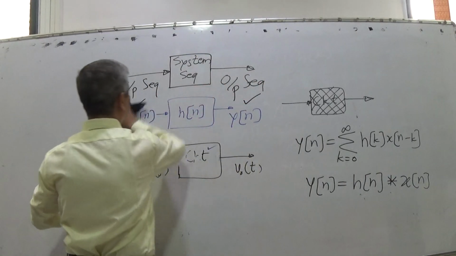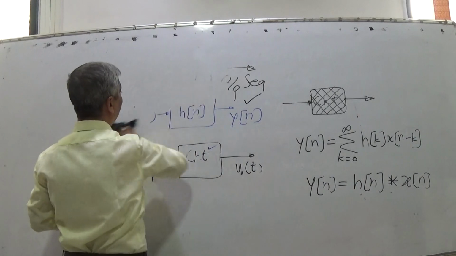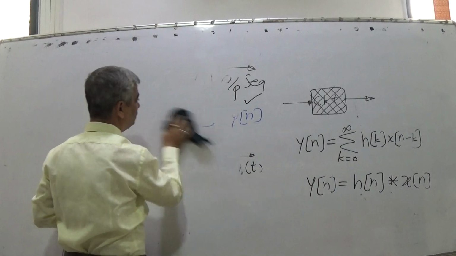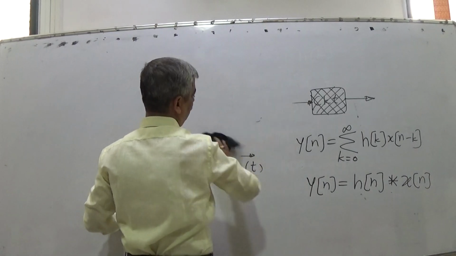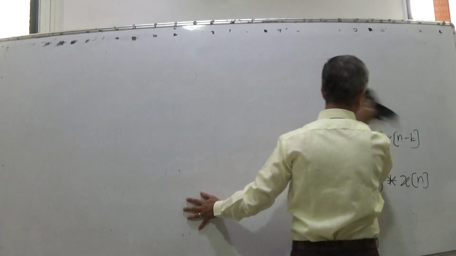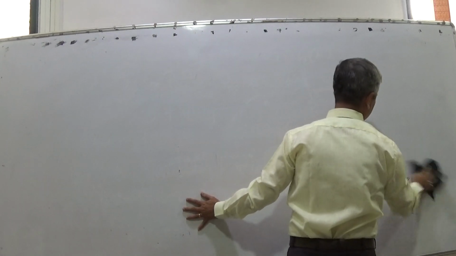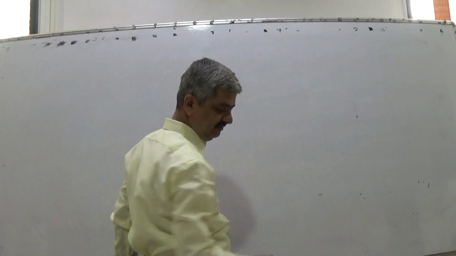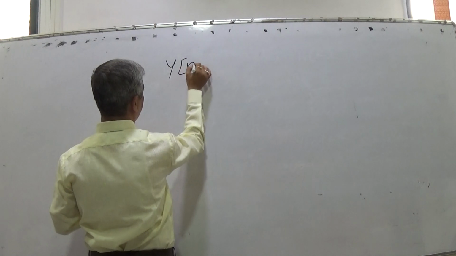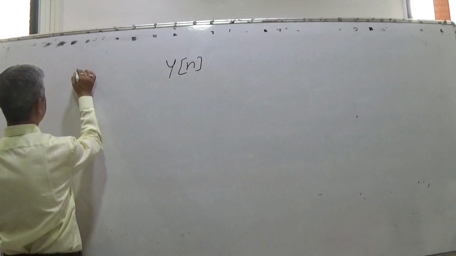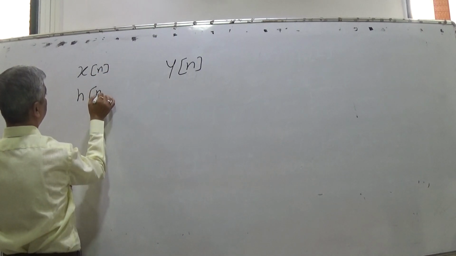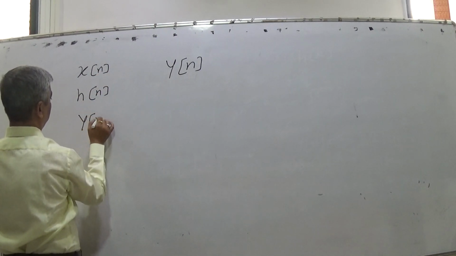So ultimately the crux is, if I know both sequences, I can find the convolution. So here the idea is we have three sequences: xn, hn and yn.